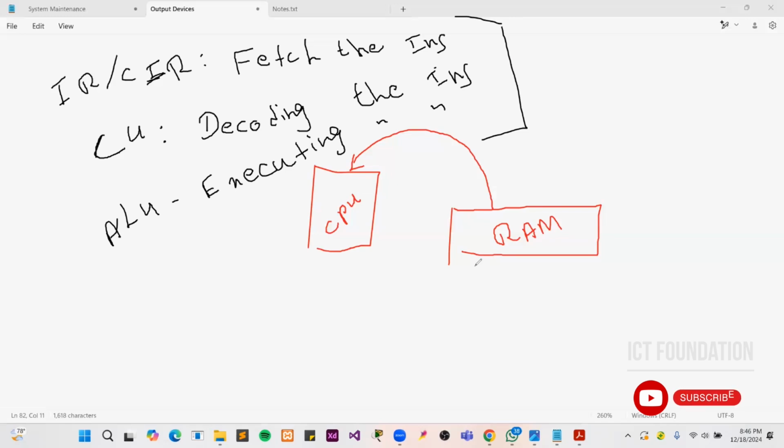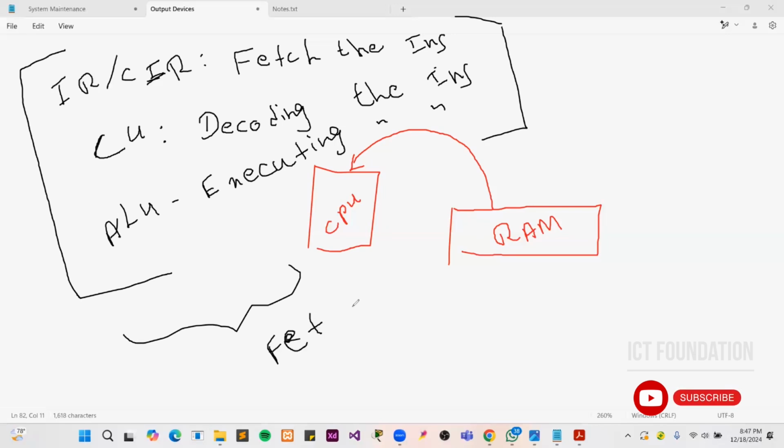There are three kinds of hardware components responsible for these three kinds of activities. So we combine these three activities and name them the fetch execute cycle. You have to know about the fetch execute cycle.